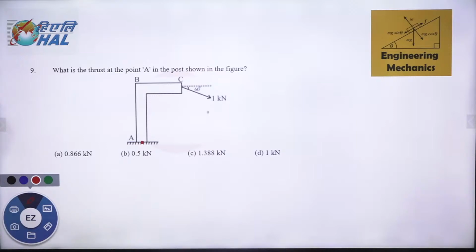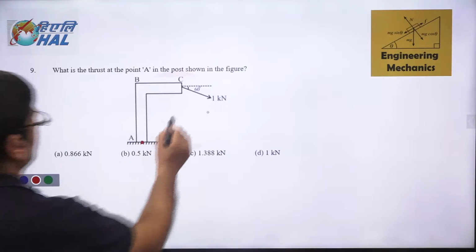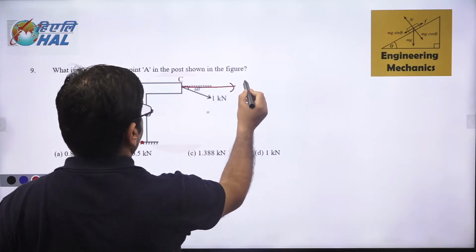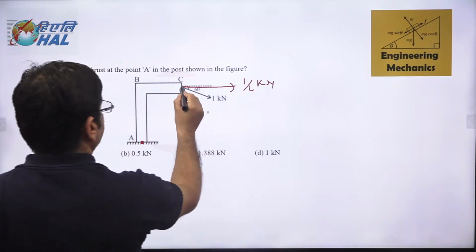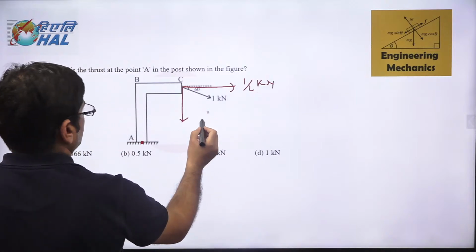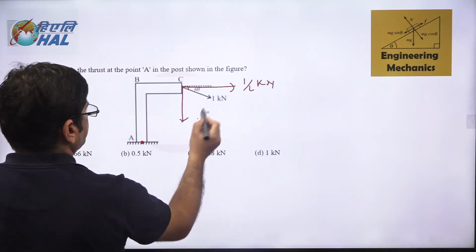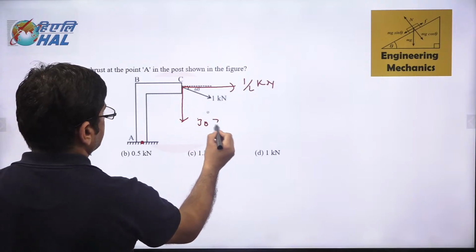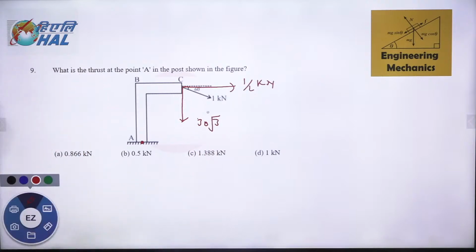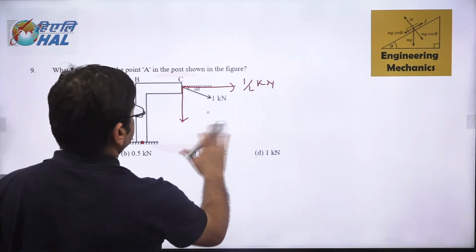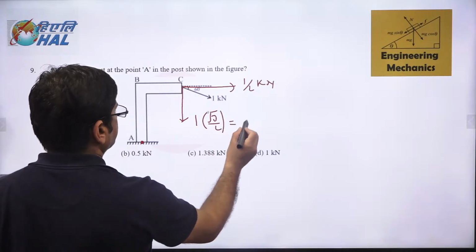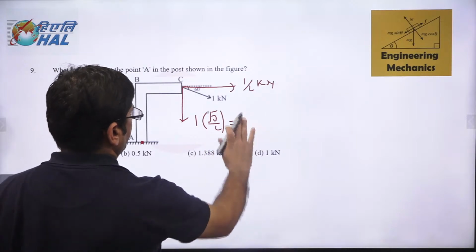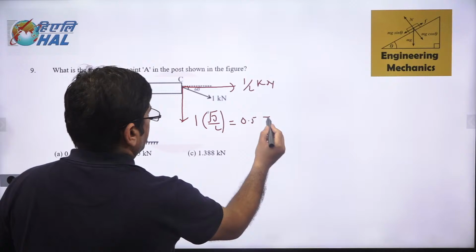Moment and thrust. Find out what is the total moment acting at A and what is the thrust acting at A. So you calculate the two components of this force. One component is cos 60 degrees, so half of a kilonewton, and then the other component is root 3 by 2. So this is basically 1 kilonewton into root 3 by 2, sorry. So that comes out to be 0.5 into root 3.